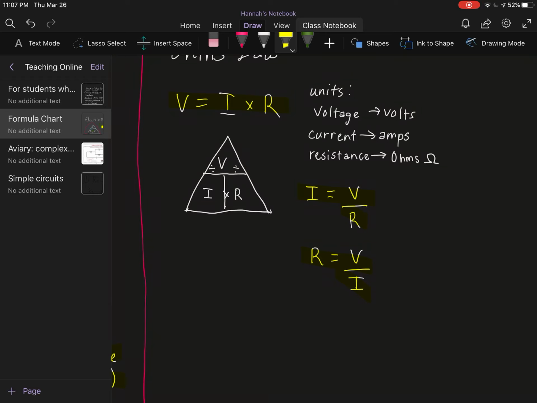So those will be your next, I guess, three equations that you're gonna need. I guess we're gonna call that one 3, 4, and 5.